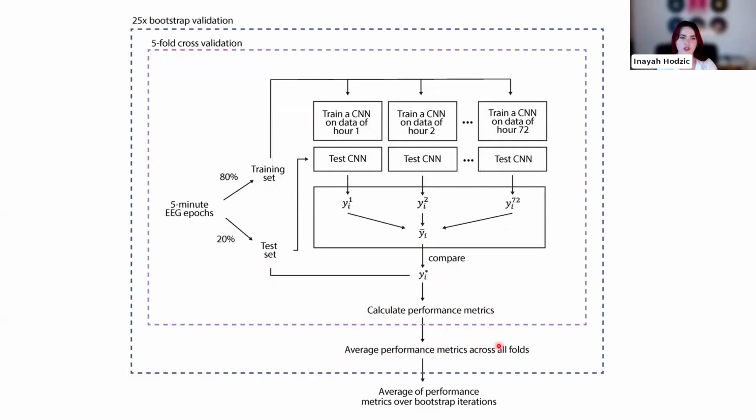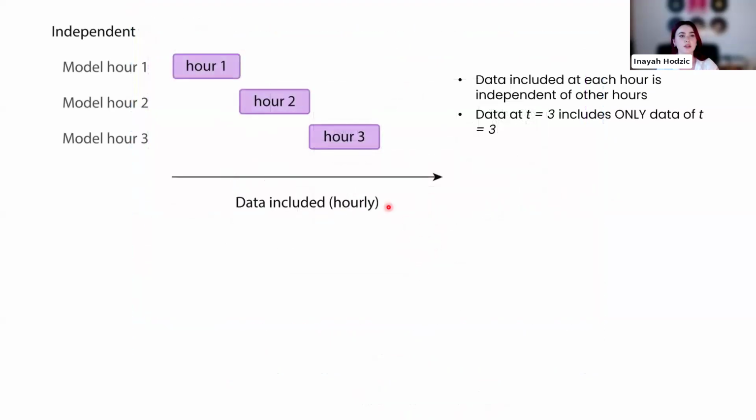We averaged that across the 5 folds. And then additionally, we repeated that about 25 times in a bootstrapping procedure, so 25 iterations, where again we averaged over all performance metrics for every iteration. In this way, we were able to create a system that allowed us to track how the prediction changed over time and have the most common prediction weigh more heavily in the final average.